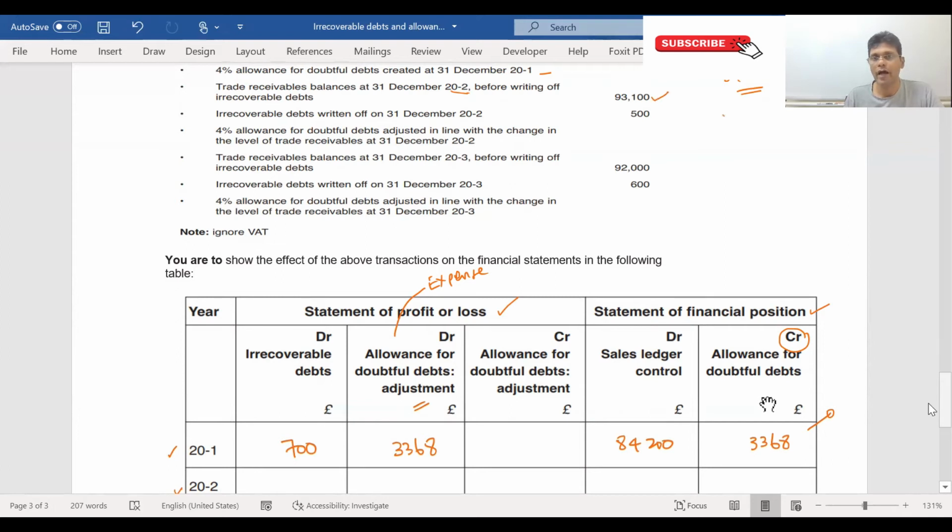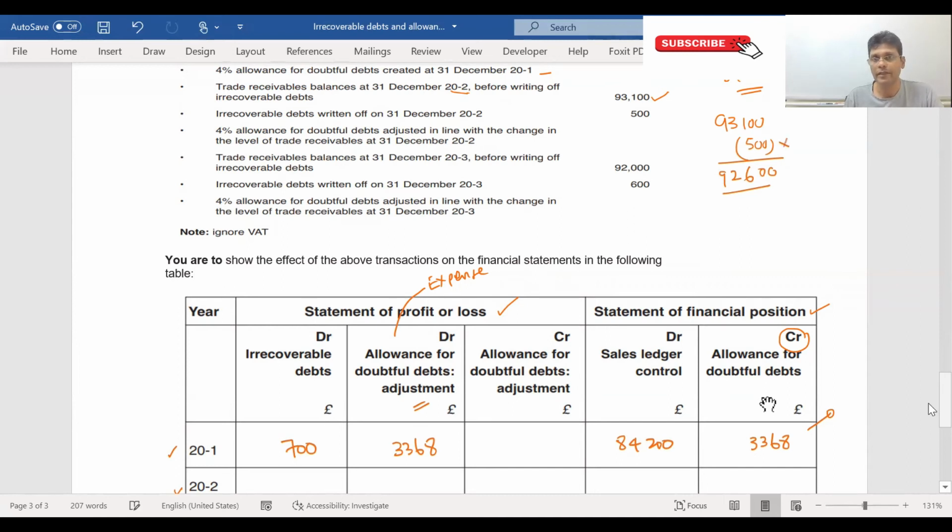Now we have a balance of 93,100 in the receivable account. Irrecoverable debts written off on 31st December 2002 is 500. So we need to remove this 500 from 93,100. So that will be how much? 92,600. So that balance will be 92,600.